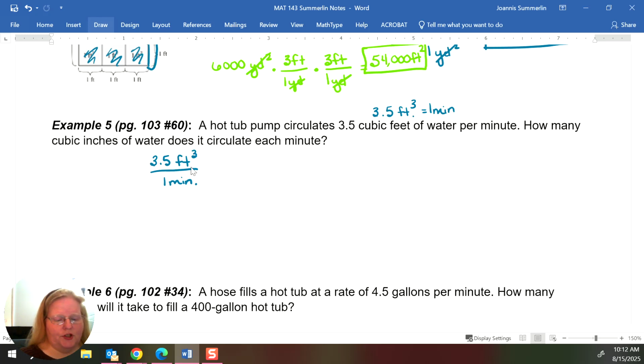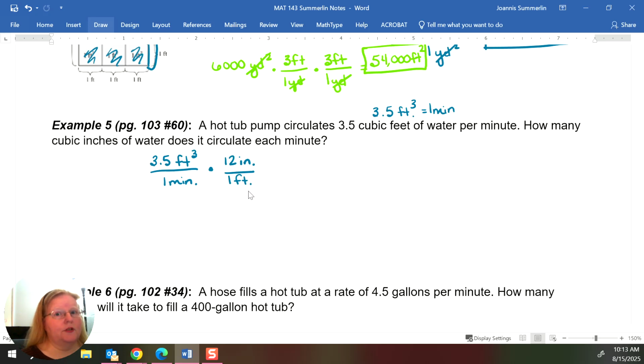So they want us to change the cubic feet to cubic inches. Okay. What do we know about feet and inches? 12 inches in 1 foot. The foot has to go on the bottom. So my 12 inches goes on top. I have 3 feet on top. I only have 1 foot on the bottom.